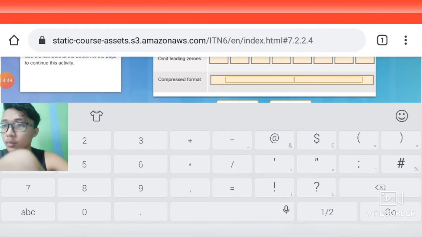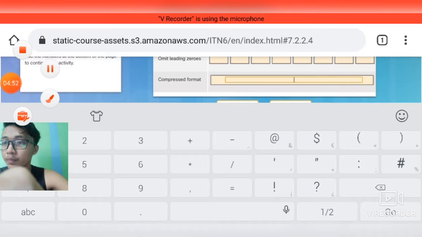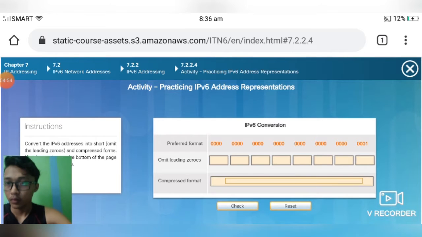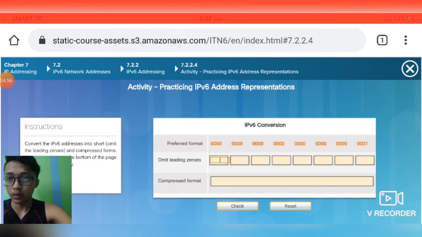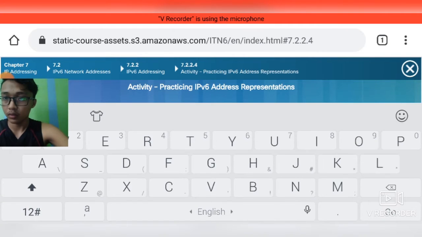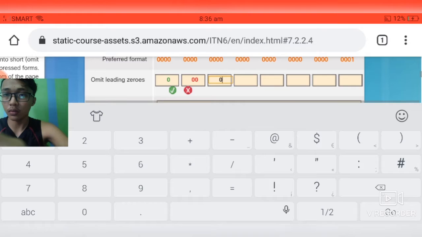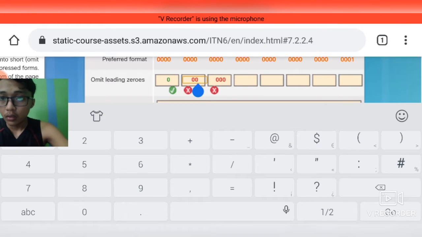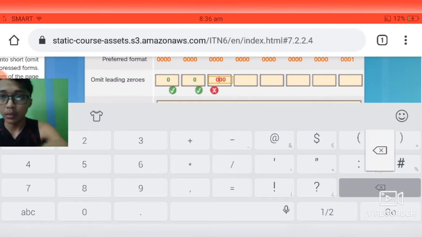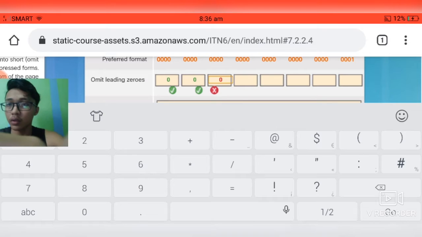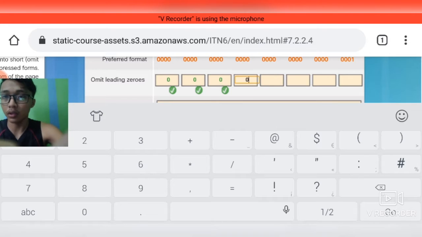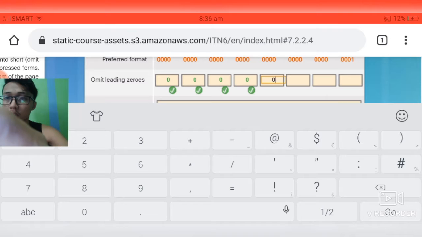So we are having a problem. We need to answer this again with 0 0 0 0 0 0. I'm having a bit of typographical error because I am using only a mobile phone. 0 0 and 1.